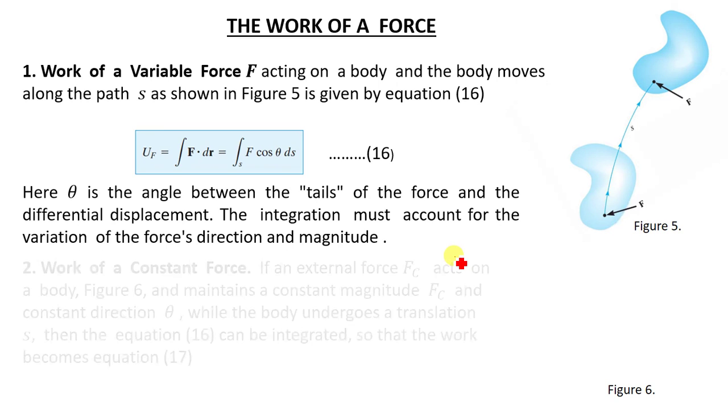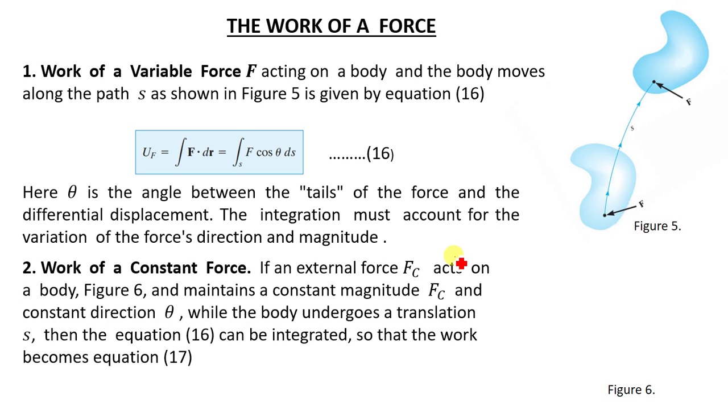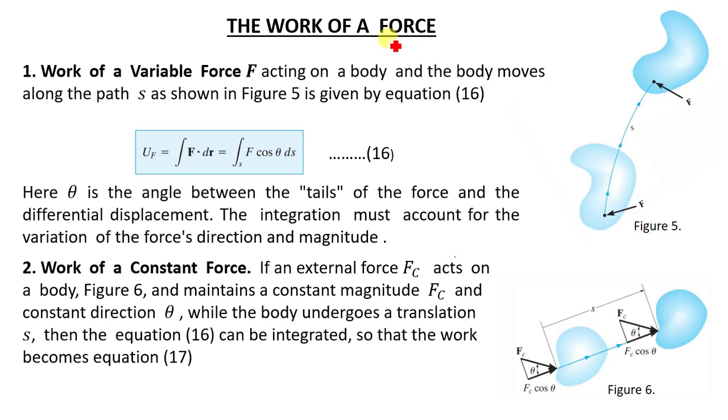direction and magnitude. The second one that we have to look at is the work of a constant force. If an external force Fc acts on a body, like in figure 6 there, an external force acting on the body maintains a constant magnitude and constant direction theta, while the body undergoes translation s, then equation 16, which is this equation, can be integrated so that the work becomes that.